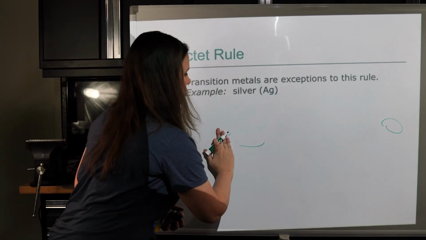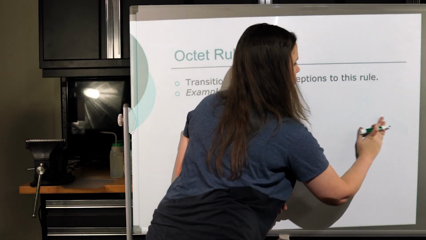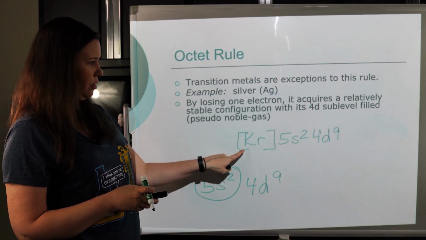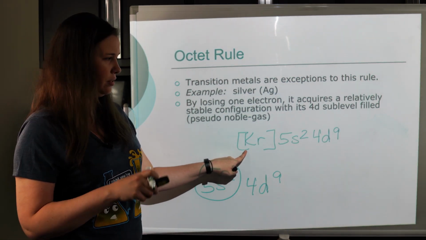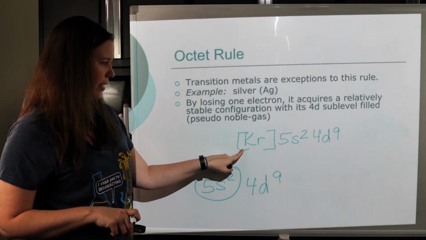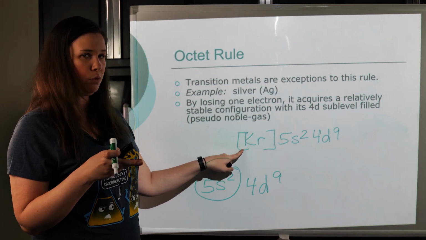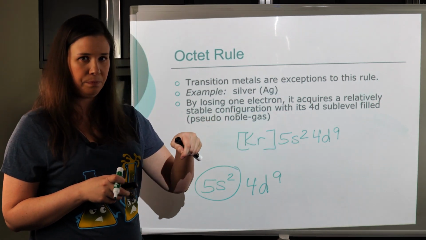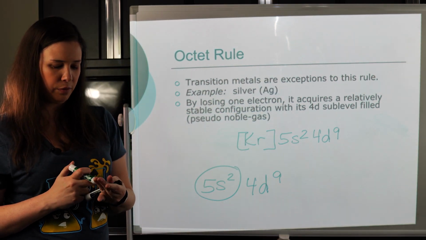So let's look at silver's electron configuration to start with. The original electron configuration, because it's pretty far down, let's go ahead and use the noble gas. The noble gas before silver would be krypton, and then we would have 5s2, 4d9, following Aufbau's principle.